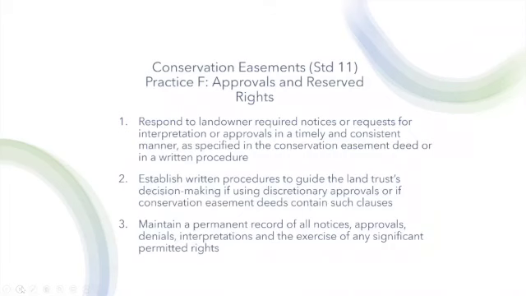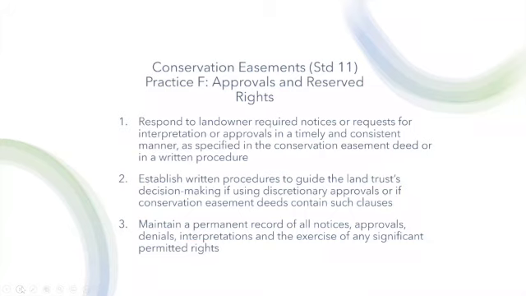Okay, another area of conservation easement stewardship that benefits from some regularity in business practice is how you respond to landowner requests for approvals to exercise reserved rights. In some conservation restriction documents, a landowner must get the organization's consent in order to exercise a reserved right.